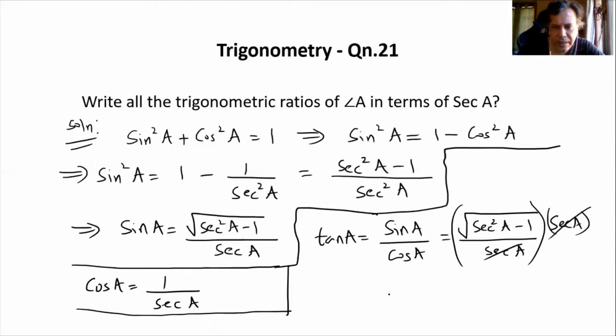This and this will get cancelled. Ultimately, tan A will be square root of secant square A minus 1.